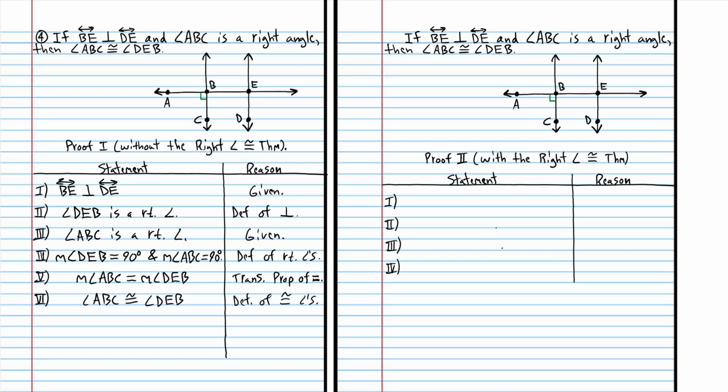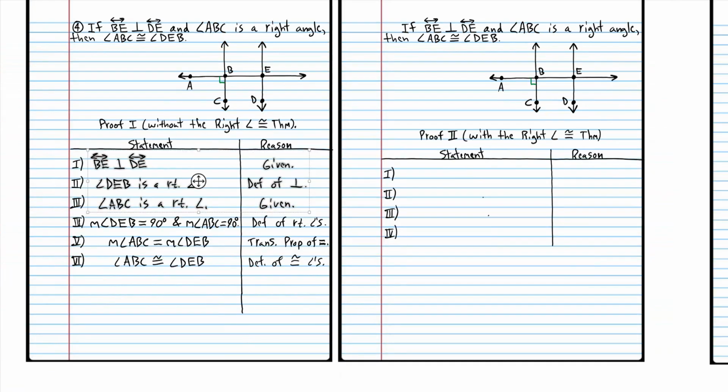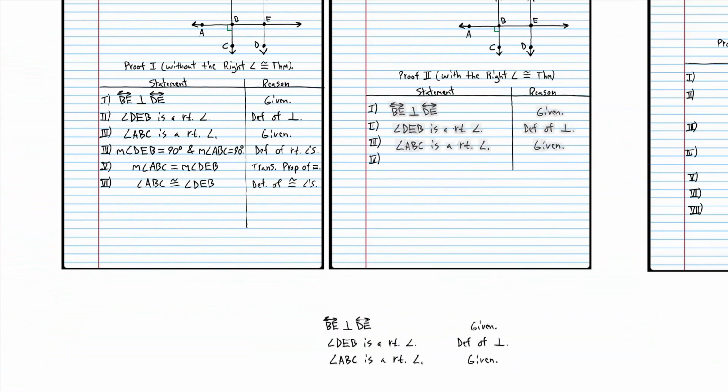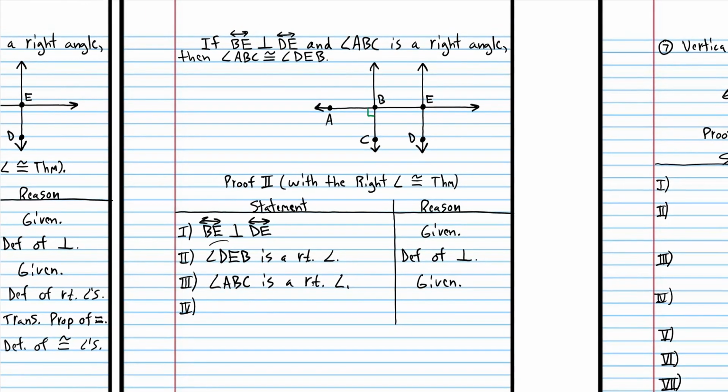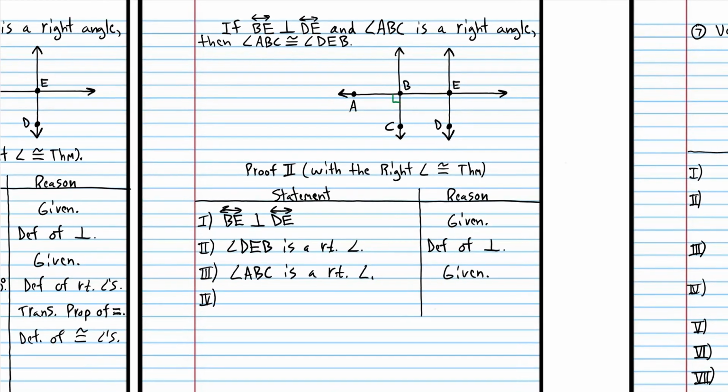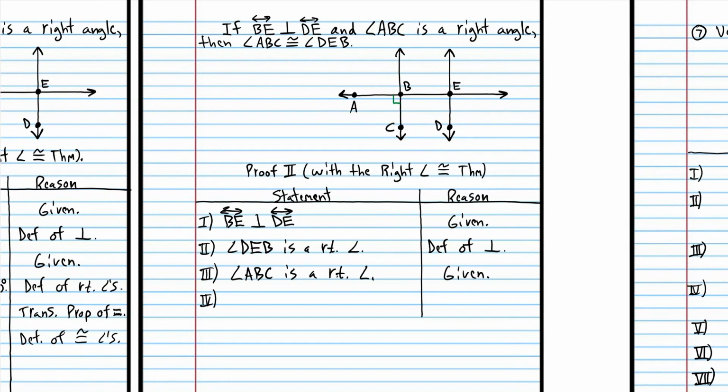All right, we're back. So the first 3 steps are going to be pretty much the same. So I'm going to copy that. Now at this point, we know that these 2 angles are right angles. So because we know that they're right angles, we can just say that they're congruent. So angle ABC is congruent to angle DEB.